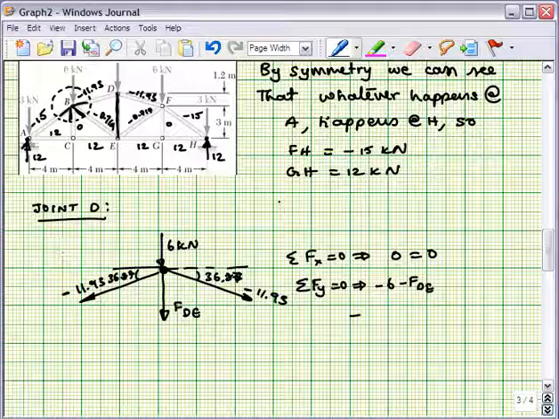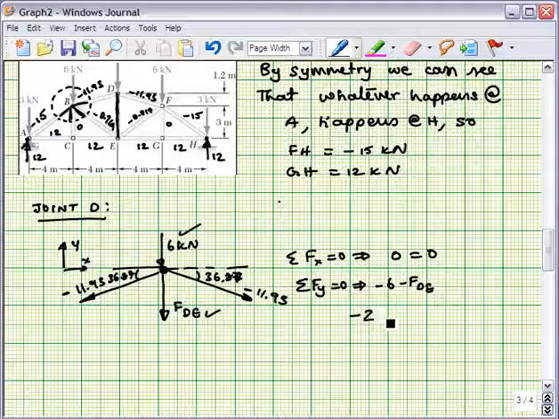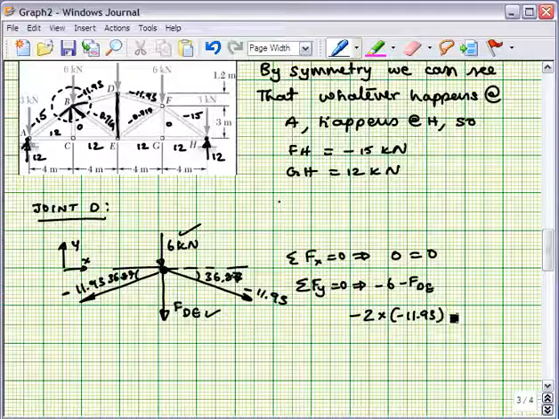Remember y is positive this way, x is positive that way, and we have done this so many times, so I'm going fast on this without wasting too much of your time. So you get minus 6, minus FDE, minus 2 times minus 11.93 sine 36.87 equal to 0.